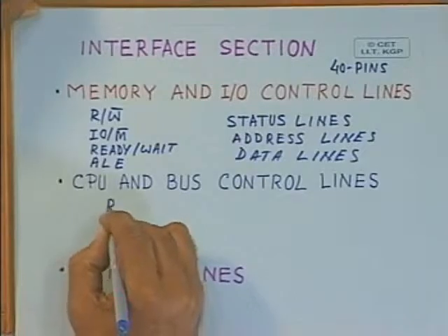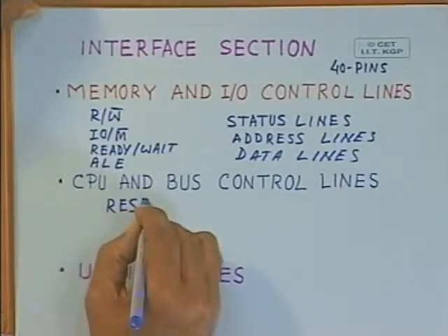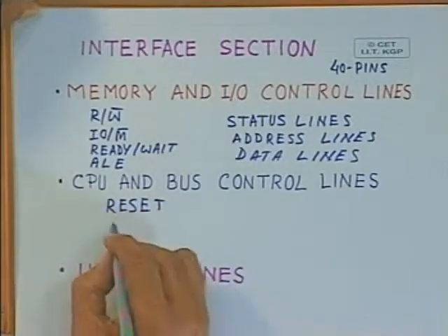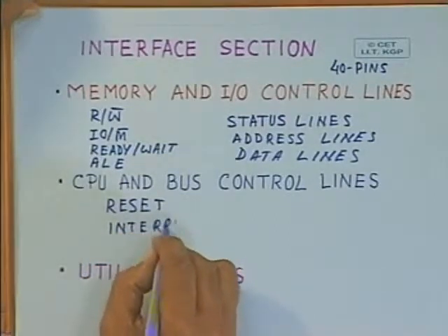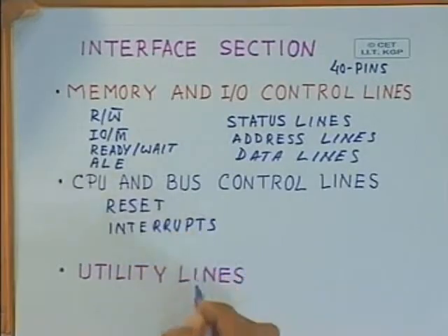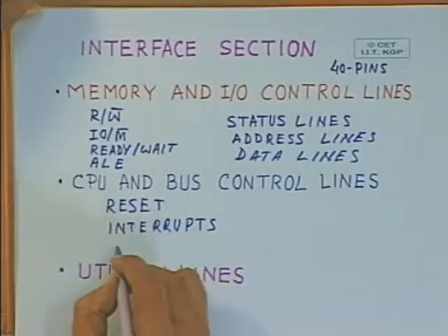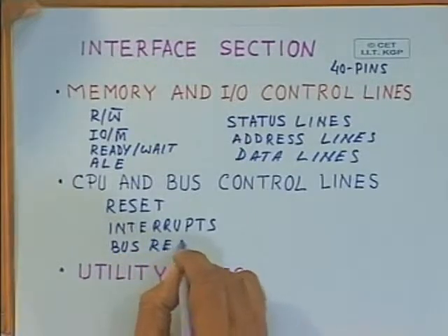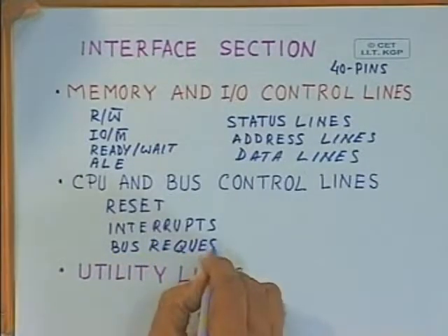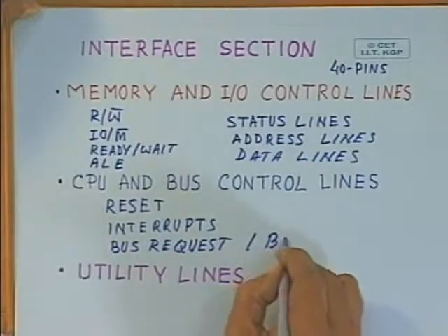Some of the lines are reset, interrupts, bus request, bus grant lines.